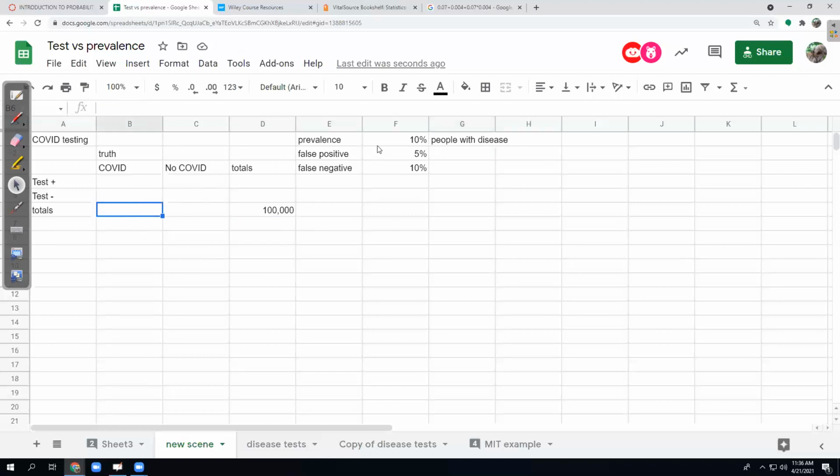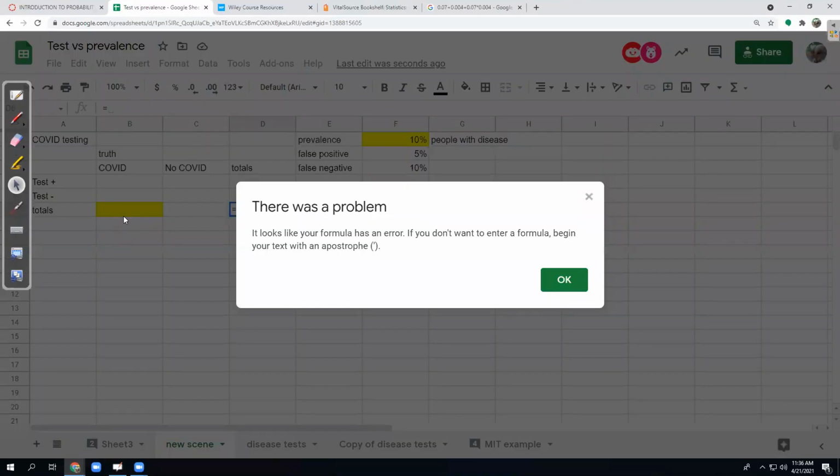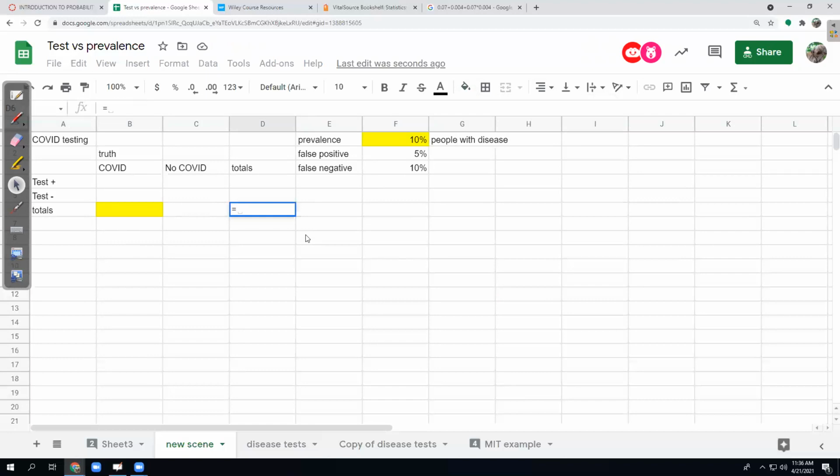So I'm just going to highlight these two cells to indicate my calculation here. So I want to know what's 10% of that 100,000. So I'm just going to go here and type equals. Wrong cell. I'm going to go over here and type equals. And then I want to know what is 10% times that 100,000.